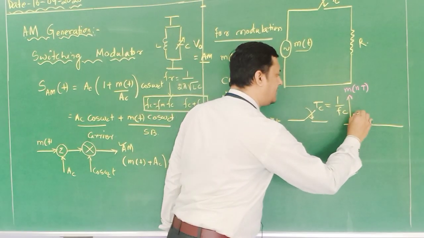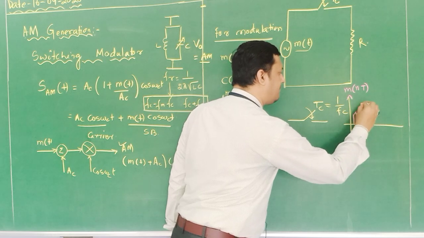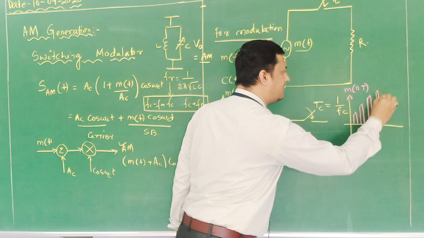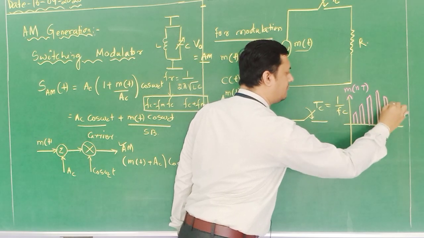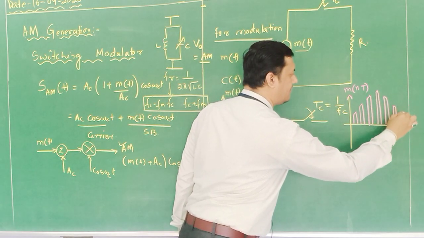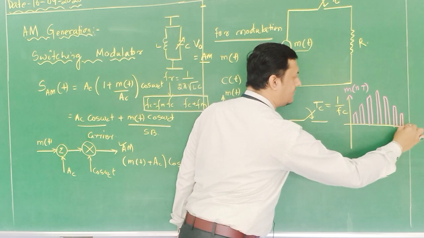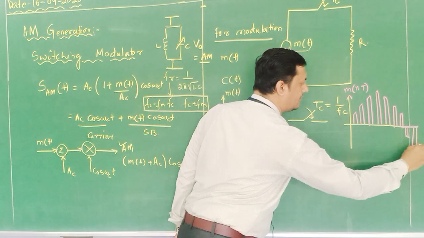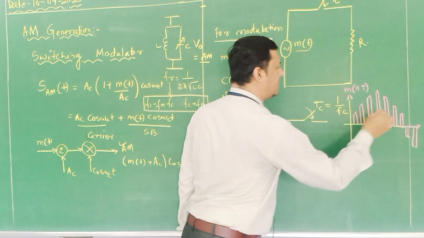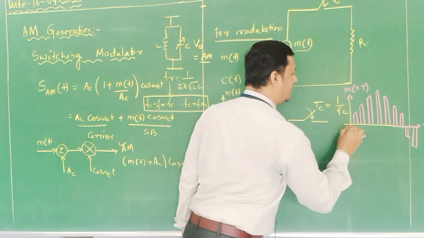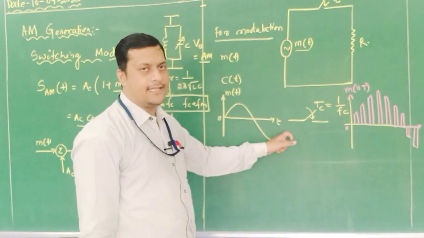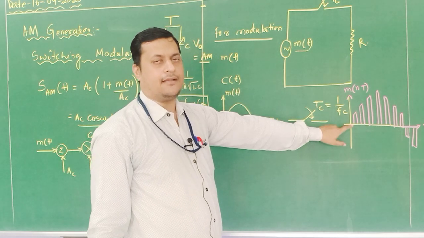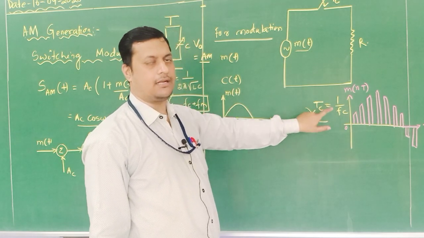So the first sample is available here, then the second sample, the third sample, the fourth sample, then again it will come down as per the characteristics of the modulating signal. Similarly, in the downward direction also we can represent it. So these are the representatives, and this is time period T. This indicates that these samples were obtained at a rate of Tc. Now what is Tc?